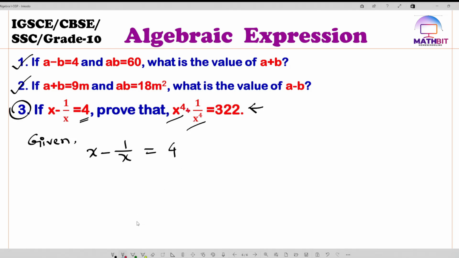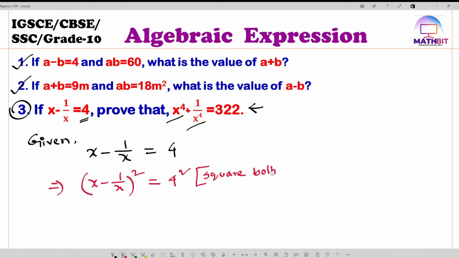Okay, now look, given x minus 1 by x equals 4, so we square both sides: x minus 1 by x whole square equals 4 square.